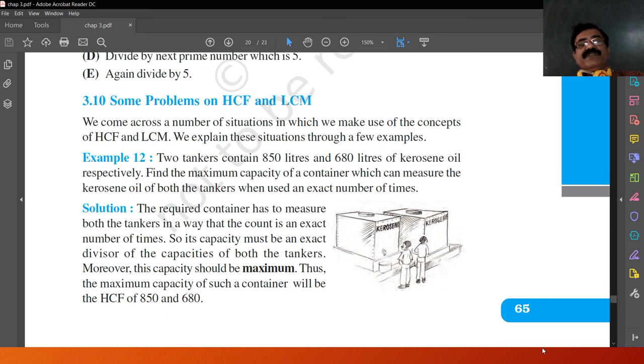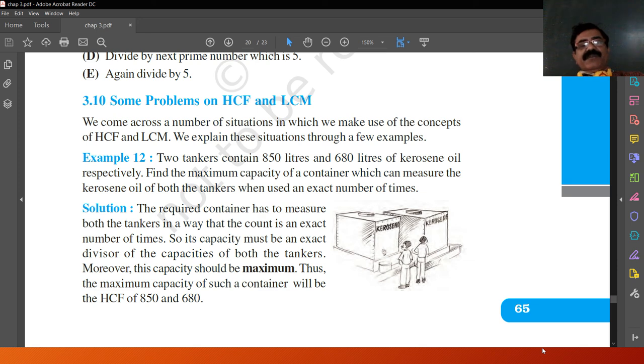Some problems of HCF and LCM. In daily life situations, you have to solve questions related to HCF and LCM. Suppose one example I am discussing here. Two tankers contain 850 liters and 680 liters of kerosene oil respectively.